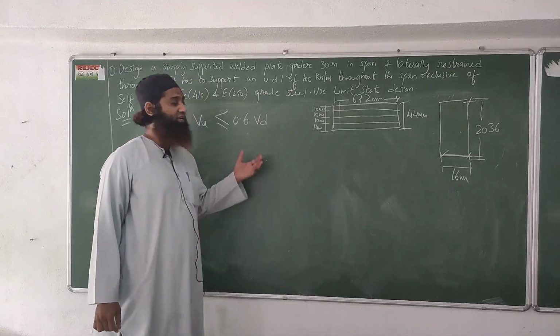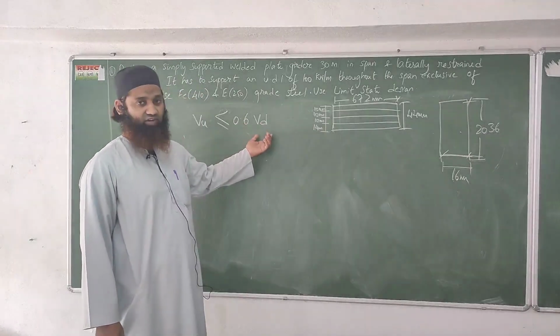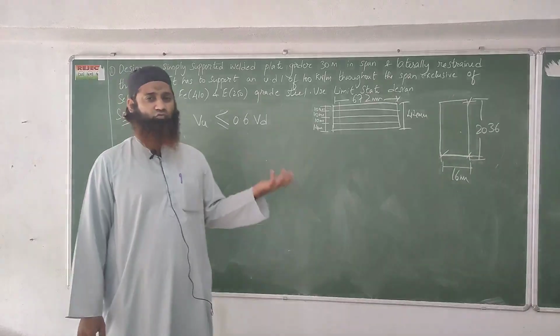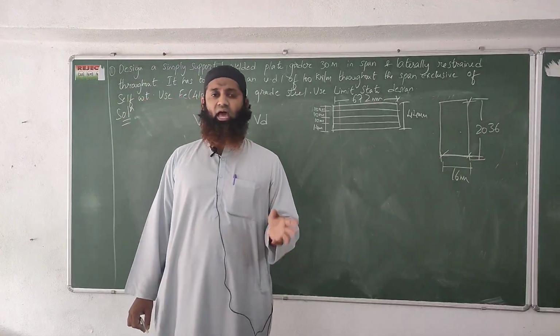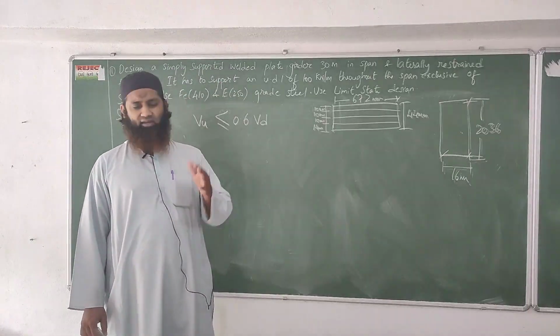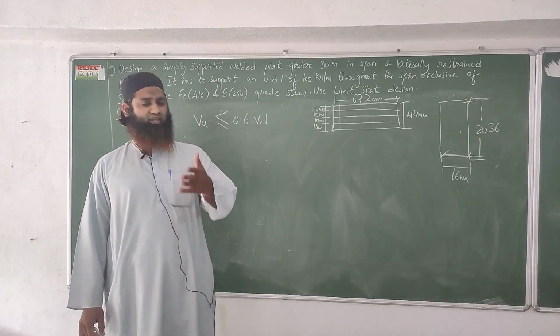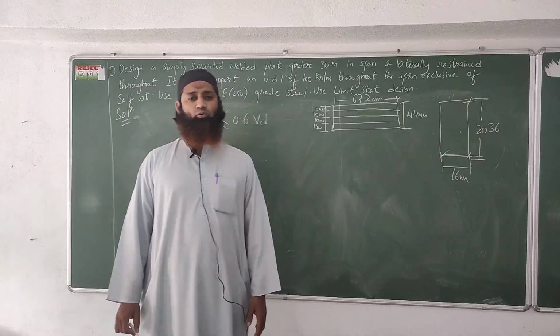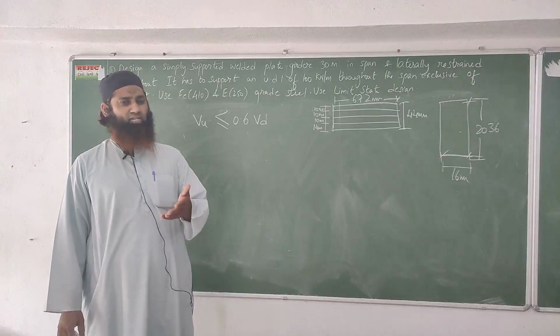In page 59 it has been mentioned clearly what VD is. Design shear strength VD is equal to Vn, and Vn is equal to Vp, and Vp is given by a formula with FYW into AW, which has been given there.